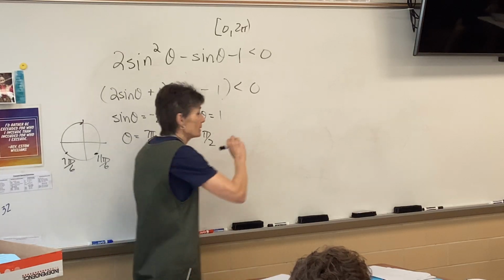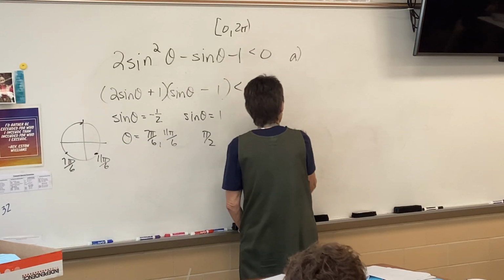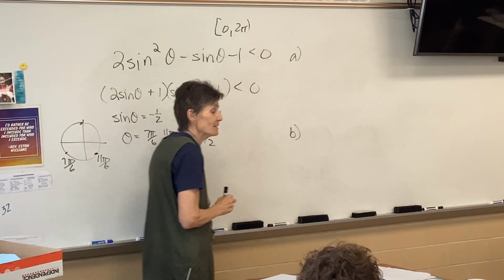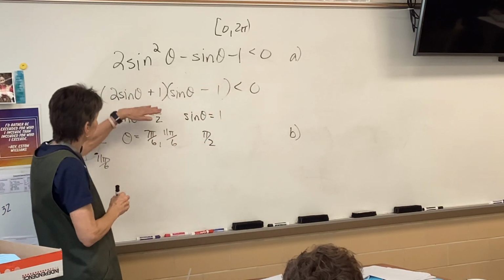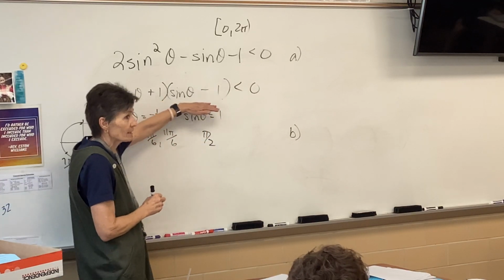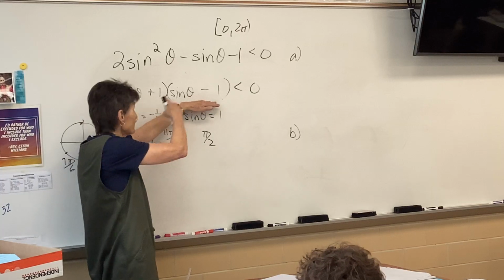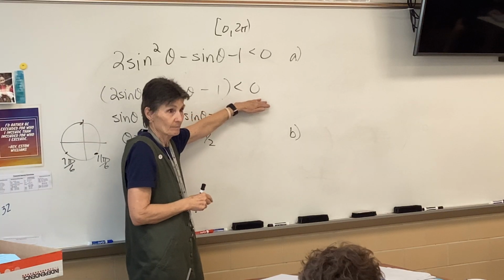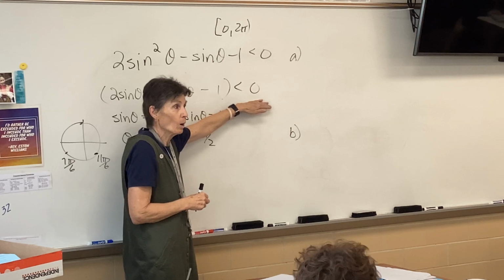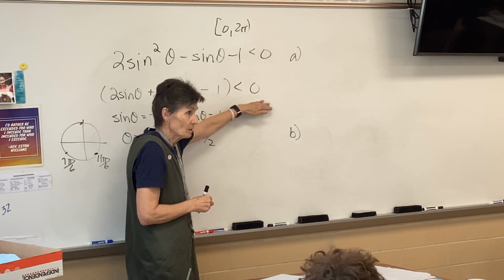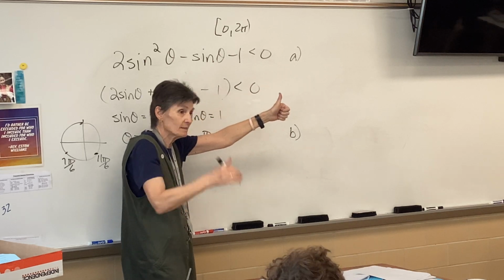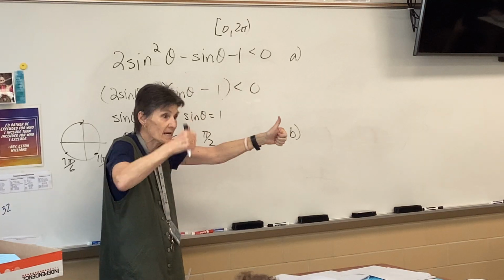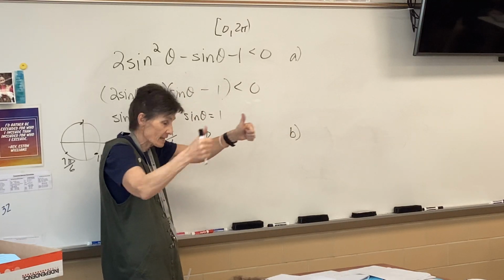Okay. Now, here comes the tricky part. This is an inequality. These two things multiplied are negative. So what does that mean? One is greater than, and one is less than.